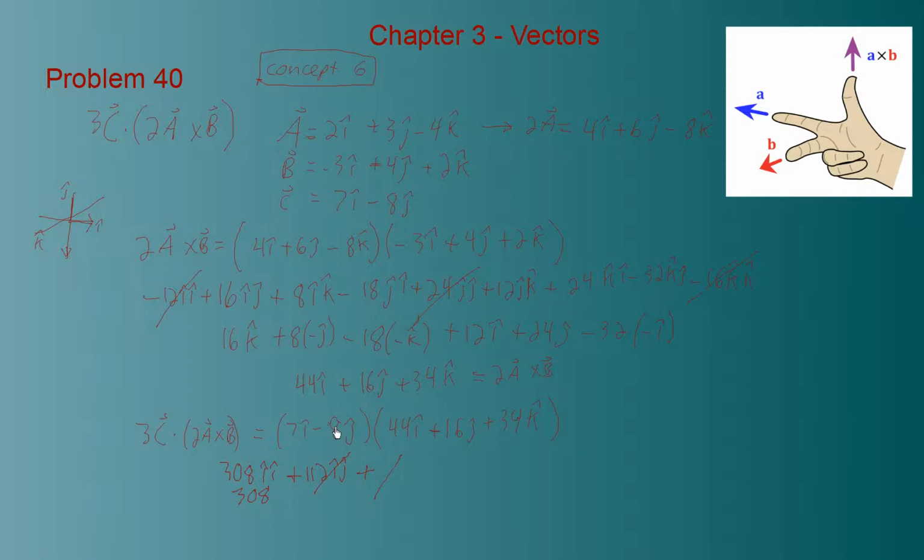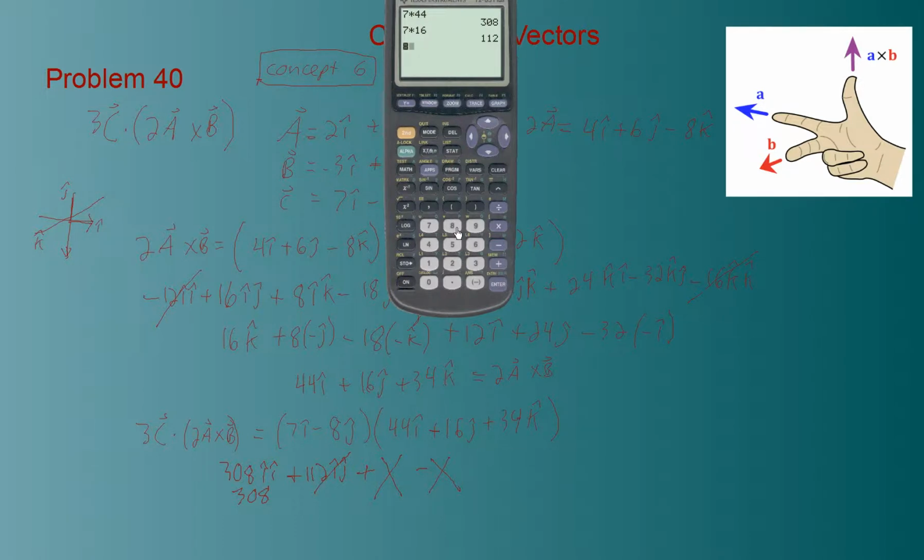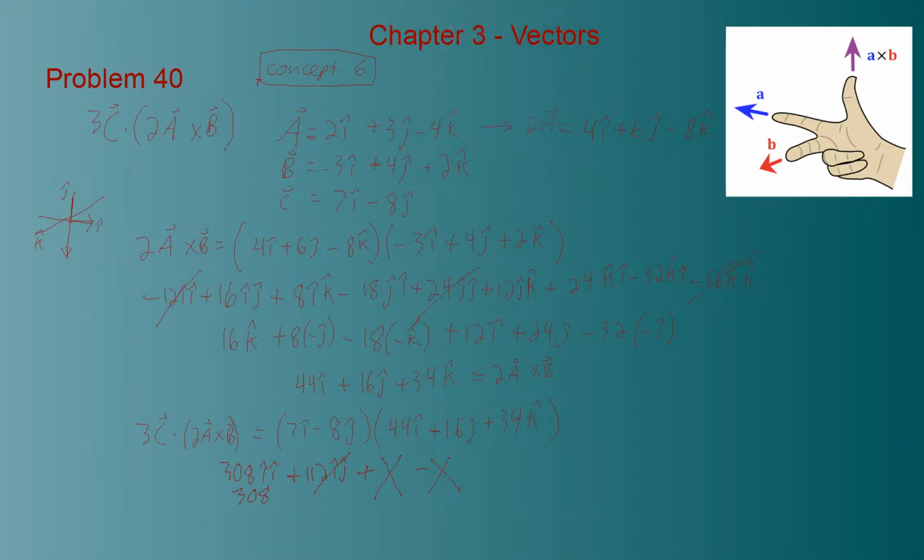Then we got negative 8j times 44i, that's 0, because j and i are perpendicular, so minus, I'll just call this a big X. And then minus 8j times 16, that works because j and j are parallel. So 8 times 16 is 128. That's minus 128.